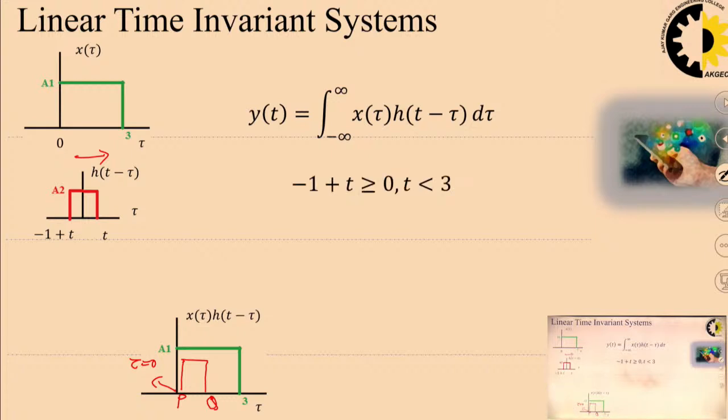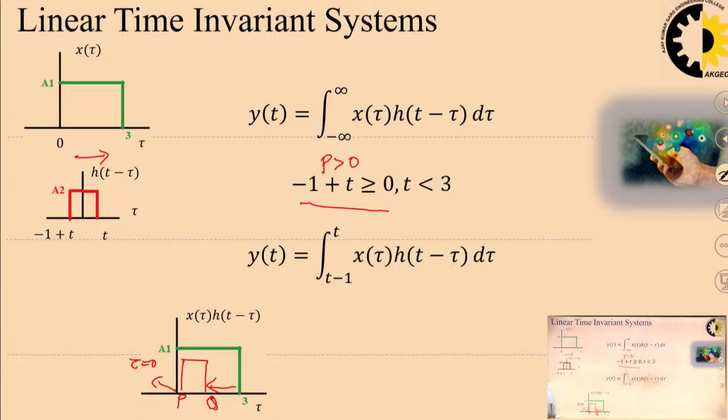Which means that t minus 1 is greater than 0, and q is behind 3. If that happens and I evaluate the integration, the lower limit will be t minus 1 and the upper limit will be t, because this is the overlapping, isn't it? The complete thing will be overlapping. So the lower limit will be t minus 1, it is varying, and the upper limit will be t. The integration will be for 1 unit.